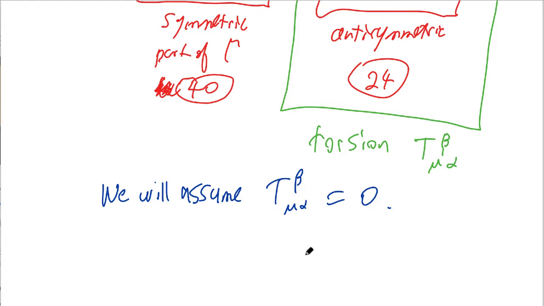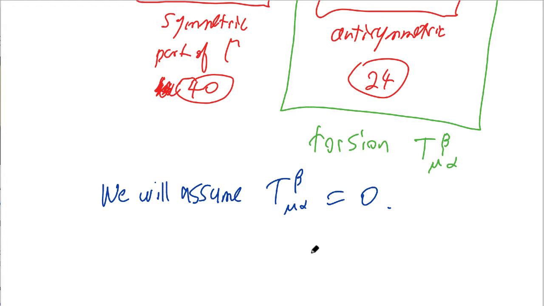I'm not going to try to give any deep justification for this assumption. You can do an internet search and see that this is a pretty common topic of discussion, and people have various arguments for why it's natural to assume that the torsion vanishes. To be honest, I don't find any of those arguments to be particularly compelling.